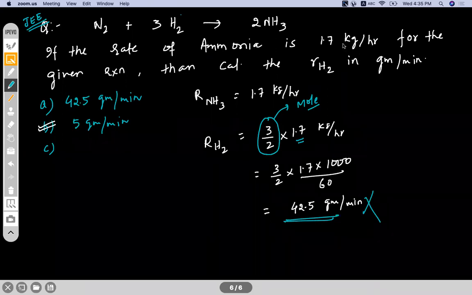But the numerator here must be moles. You cannot have mass in the numerator. So convert this entire thing into mole per minute, and then you can relate with this. Tell me what you're getting. Yeah, correct.